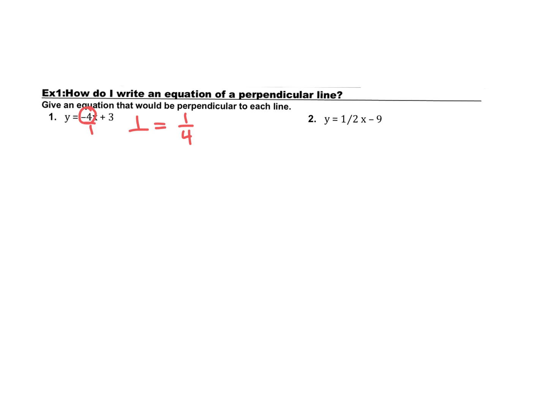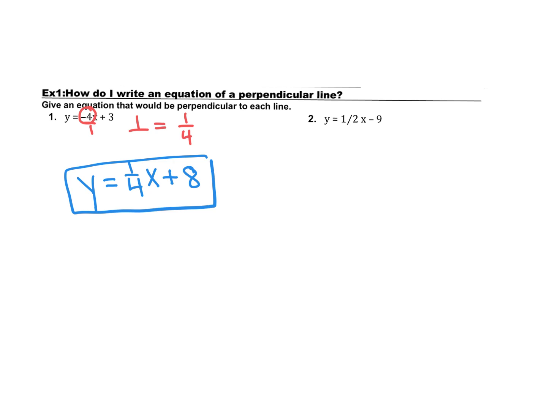So now when I go to write my equation, it has to have a slope of 1/4. Now, when we had a parallel line, the line had to have a different y-intercept. The y-intercept is not going to matter here because you could have the same y-intercept and have it be perpendicular. I'm just going to put +8. You could have any number, including 3, as your y-intercept.